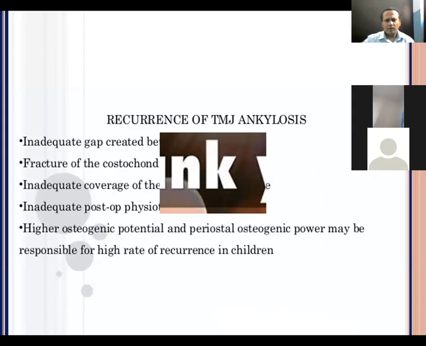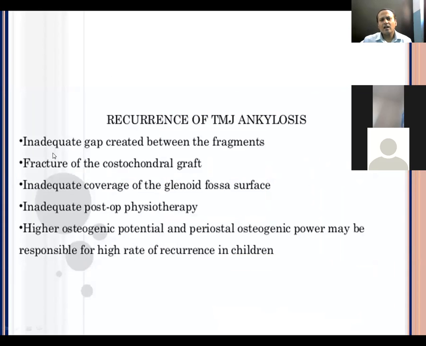Regarding the recurrence of temporomandibular joint ankylosis: inadequate gap created between the fragments. If the gap is inadequate, then there will be a recurrence. As I've told you, in gap arthroplasty there has to be a minimum of 1 centimeter or 1.5 centimeter of gap between the two fragments.